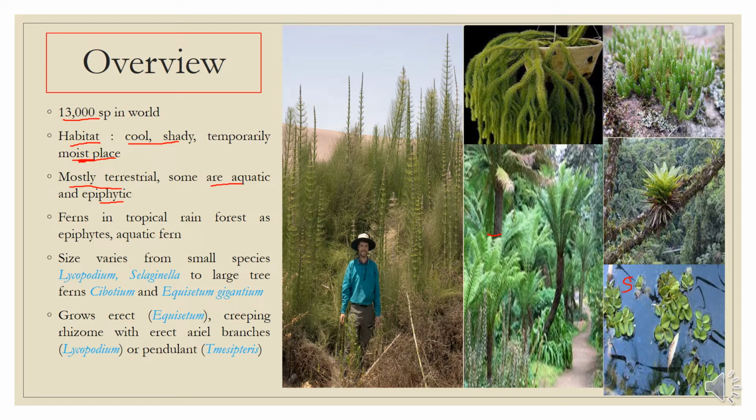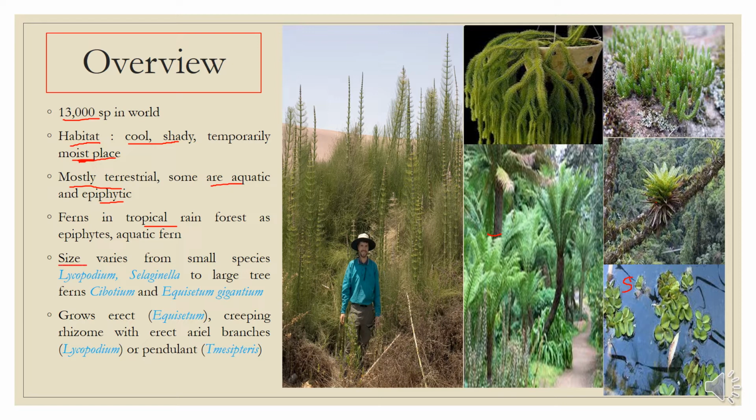And apart from Salvinia, the other ferns usually require a very moist environment, and they are found in the tropical as well as the temperate region, but mostly in the tropical region we have a great variety of ferns.